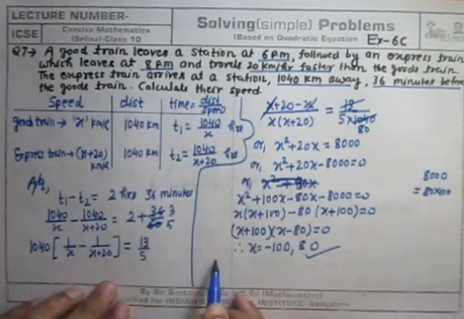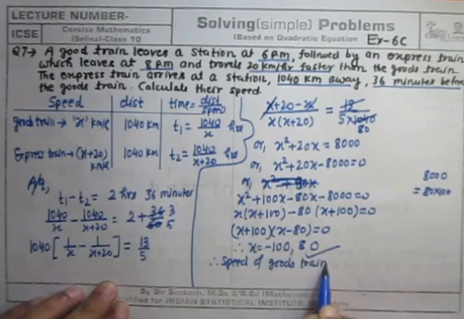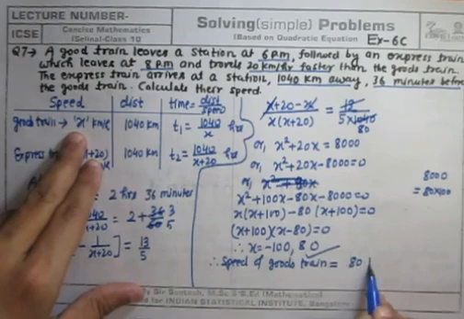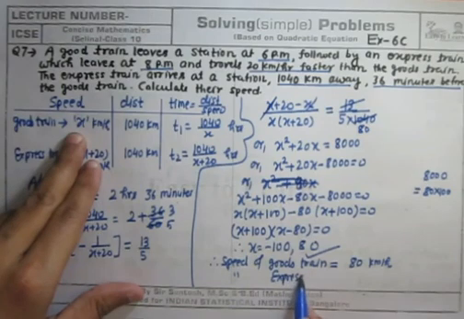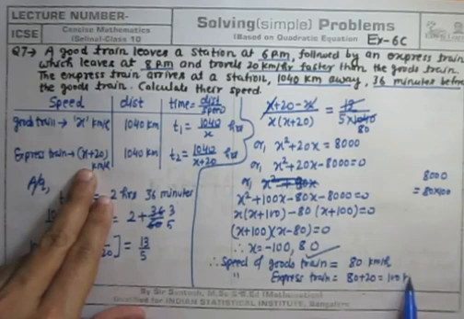Therefore the speed of the goods train is x, so 80 kilometer per hour, and the speed of the express train is x plus 20, that is 80 plus 20, that is 100 kilometer per hour. So these two are the answer.